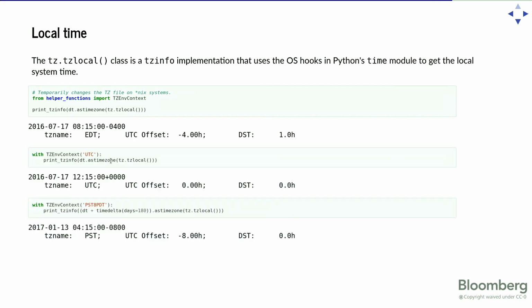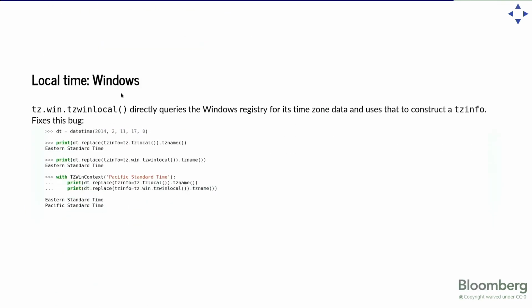This TZContext is just something that I wrote that changes the TZ variable on a Linux system so that you can test and look at different time zones. So if I set my TZ variable to UTC, I get UTC. If I set it to PST PDT, then I get Pacific time, and when I ran this, my local time was Eastern.